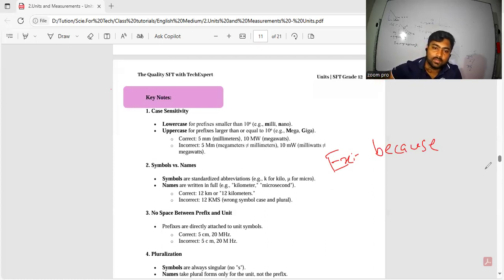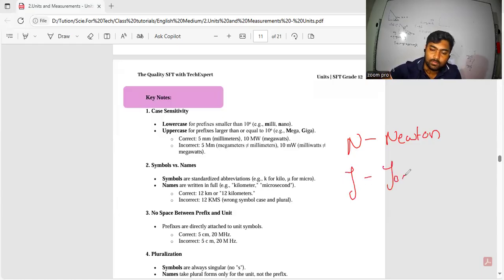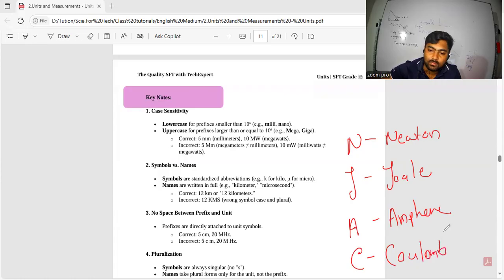Then you can write as examples: capital N for Newton, capital J for Joule, capital A for Ampere, capital C for Coulomb. You can write these for example.